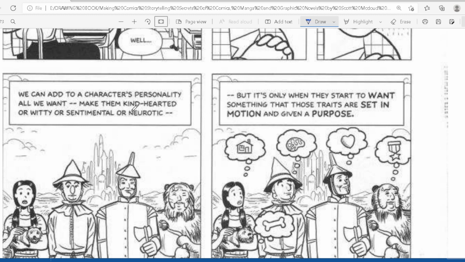Make them kind-hearted or witty or sentimental or neurotic. So you can make your own character personality.